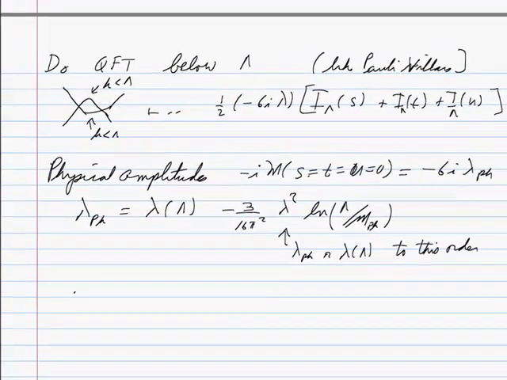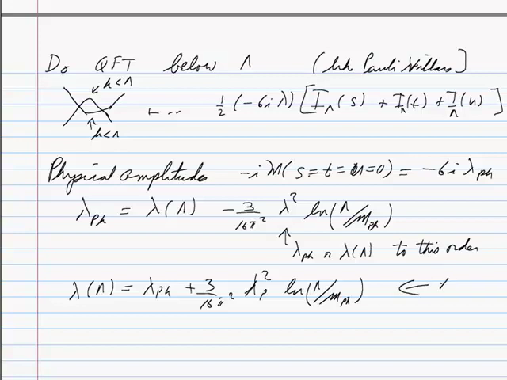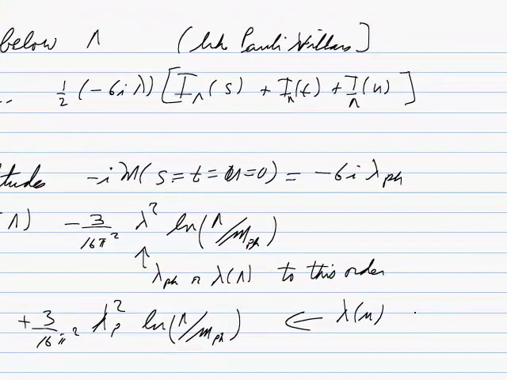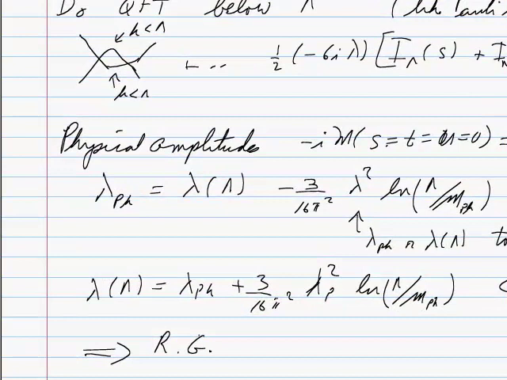And if you then just invert this, we get lambda of capital lambda is lambda physical plus 3 over 16 pi squared, lambda physical squared, log lambda over m physical. And that's the same behavior we had previously for lambda of mu in your homework. So that you then get the renormalization group out.